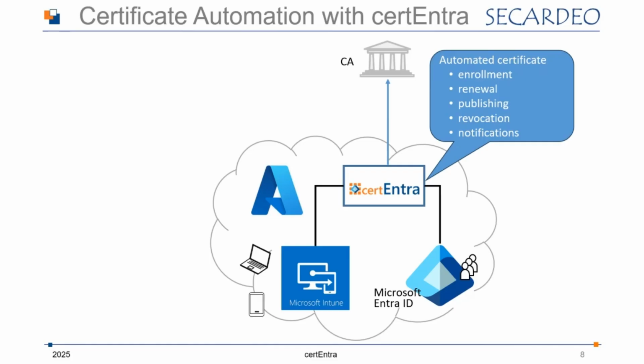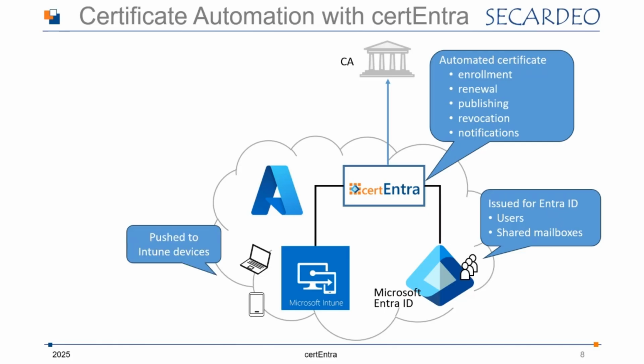This is the job of certEntra. The certificates will be issued for Entra ID users, and we can optionally also enroll certificates for shared mailboxes. These certificates are then automatically pushed to the devices that are managed by Intune.